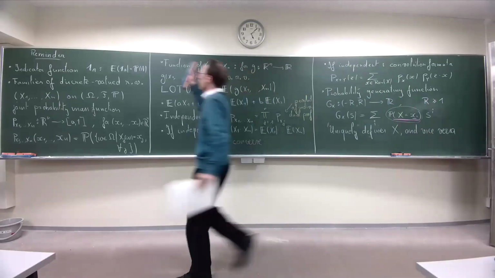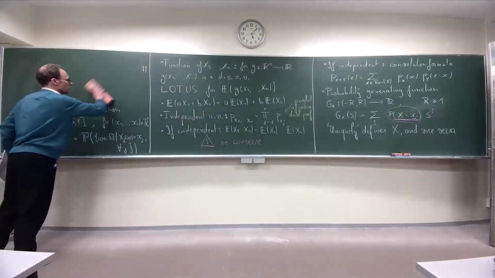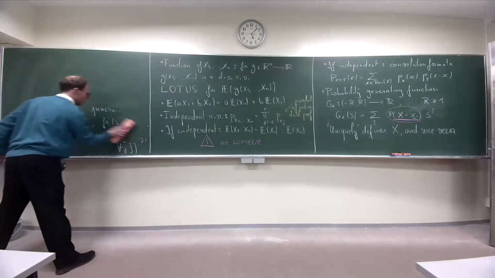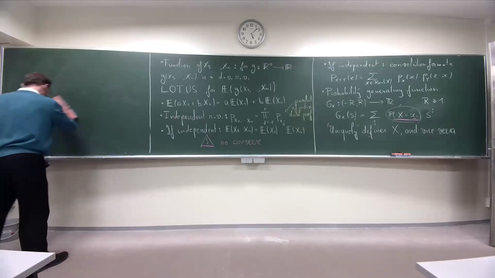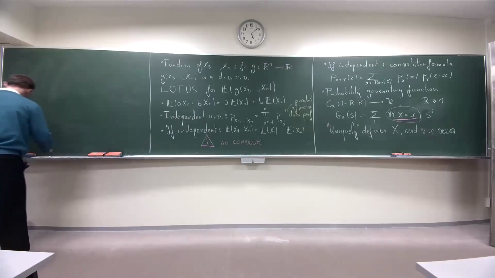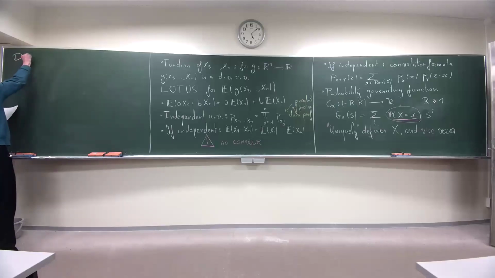But before this, I need to introduce one more concept, which is a concept of moment. It's a generalization of the expectation. We are still in the framework of discrete valued random variables. So what is the definition of a moment?